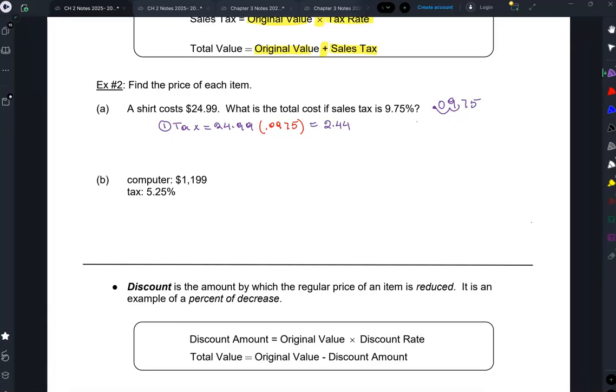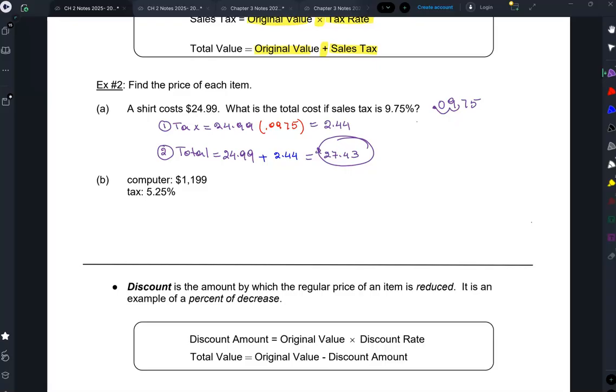Okay. So next, now I want to calculate the total. So for the total, look, I take the original amount. This time I want to do plus the new number I just got. Okay? And this is going to be 27.43.